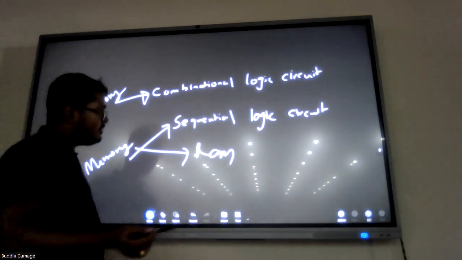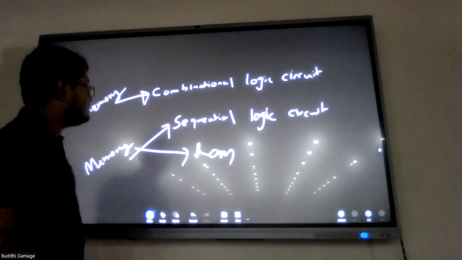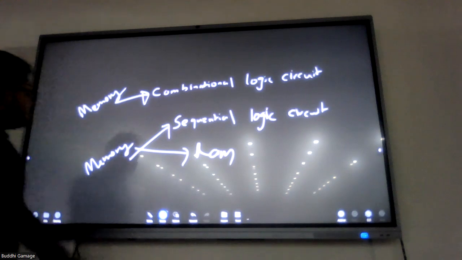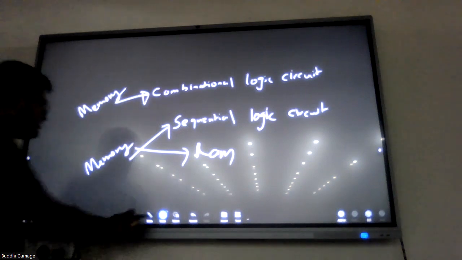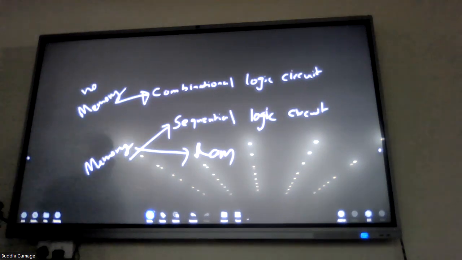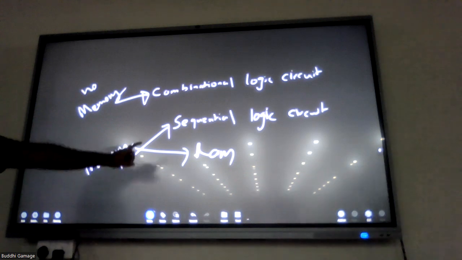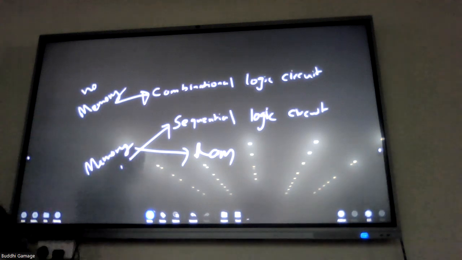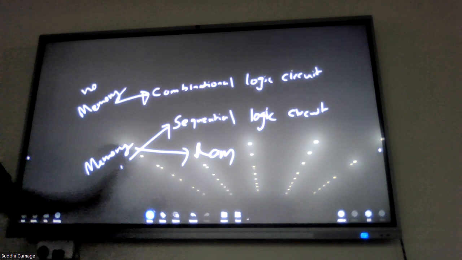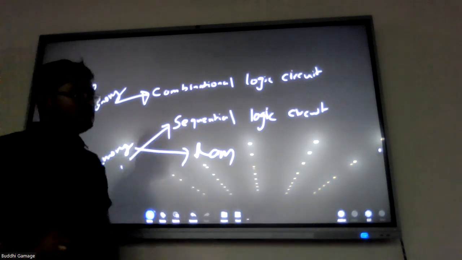So they are also included in your course. Today we are going to speak about combinational logic circuits, which won't use memory, while sequential logic circuits use memory.